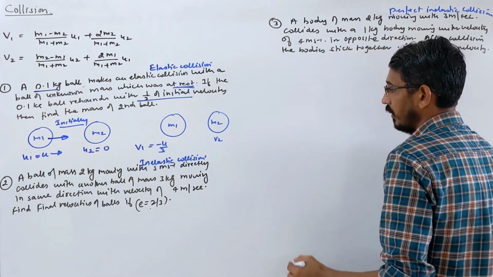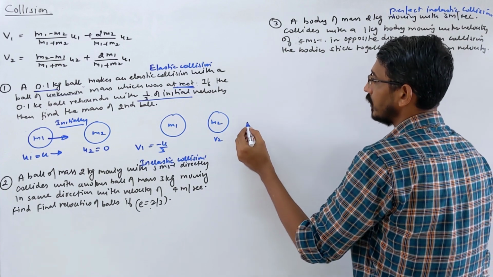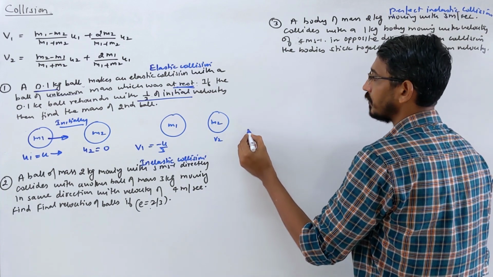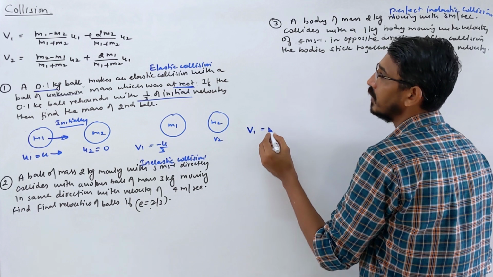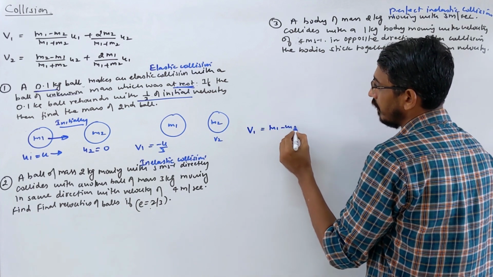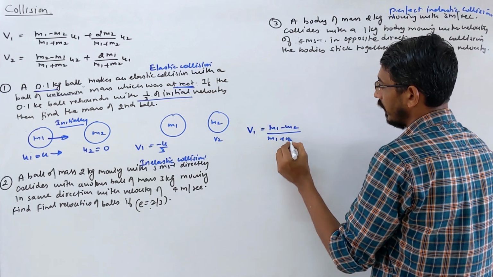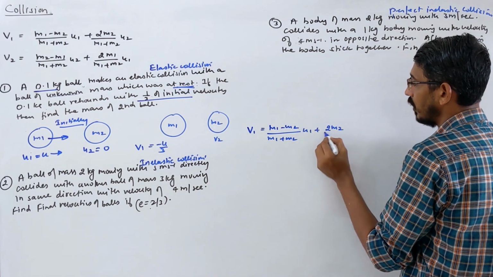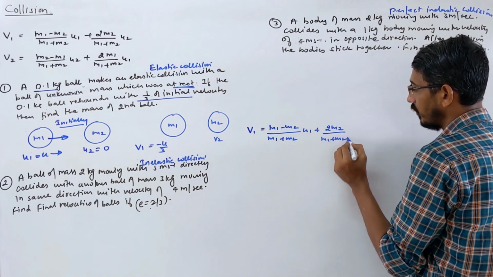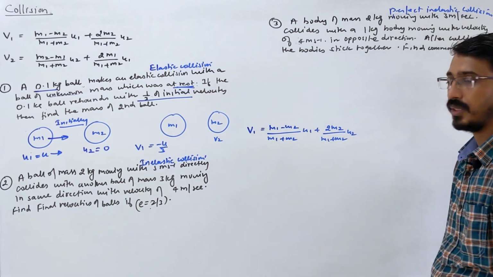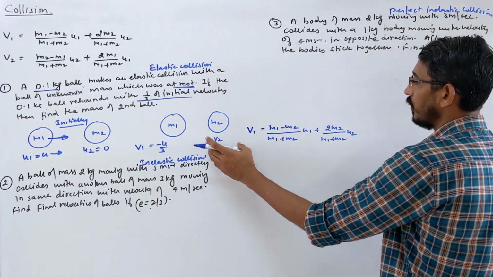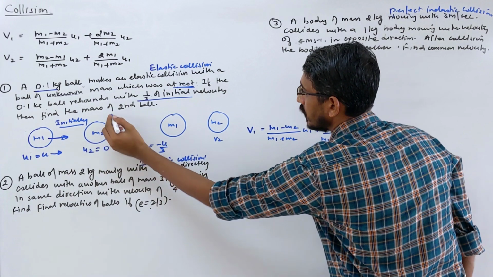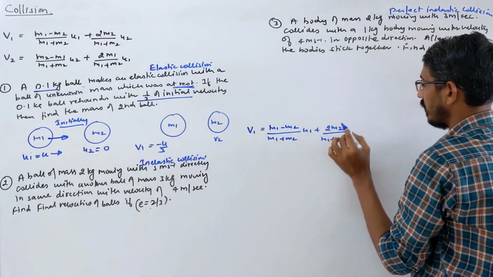Let me write it here. v1 is m1 minus m2 upon m1 plus m2 into u1, plus 2 times m2 upon m1 plus m2 into u2. Let's solve this. First, u2 is directly given as 0, since this ball is initially at rest, so this term is directly 0.